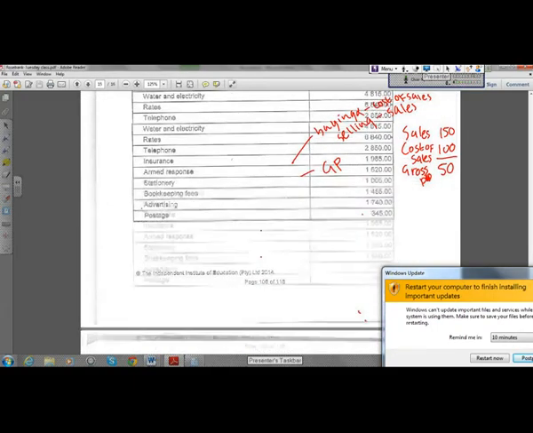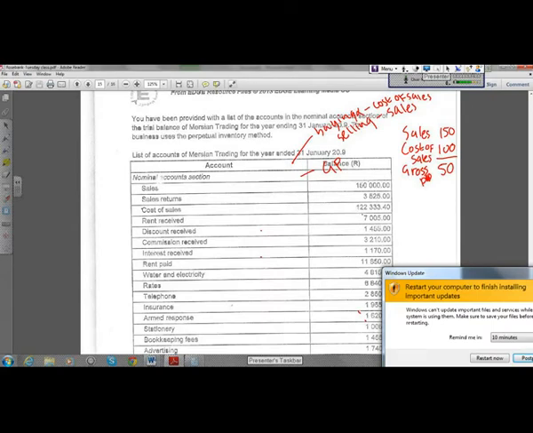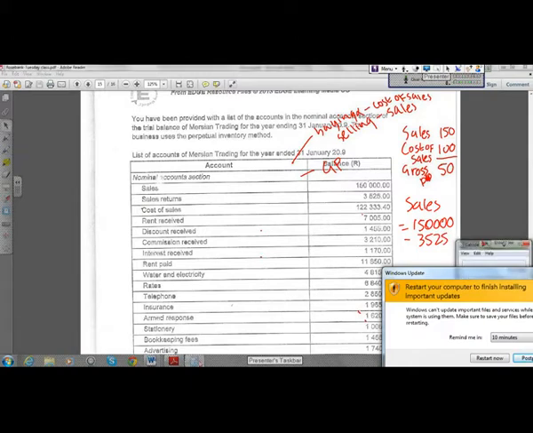Our sales is equal to 150,000 minus 3,525. So let's calculate it: 150,000 minus 3,525.